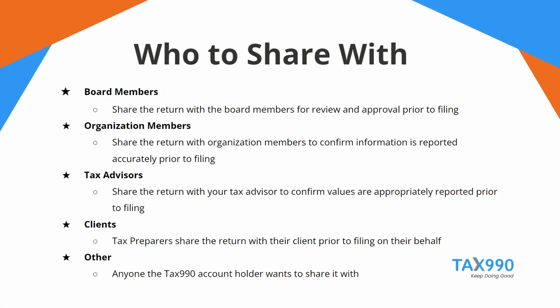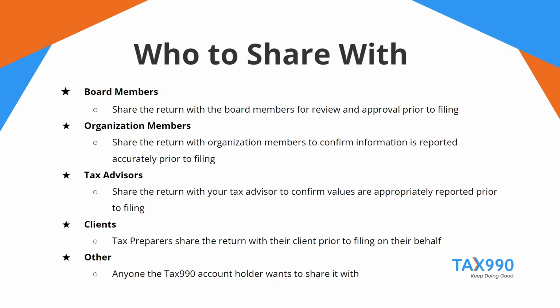As I mentioned, if you're a tax preparer, you can share the return with your client prior to filing. So if you're filing on behalf of an organization, then you can share the return with your client so they can review it. And you can also share the return if you just want confirmation from your tax preparer.